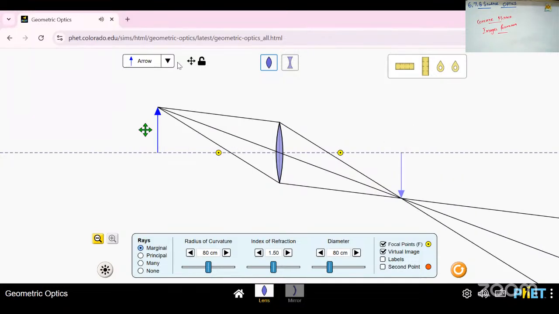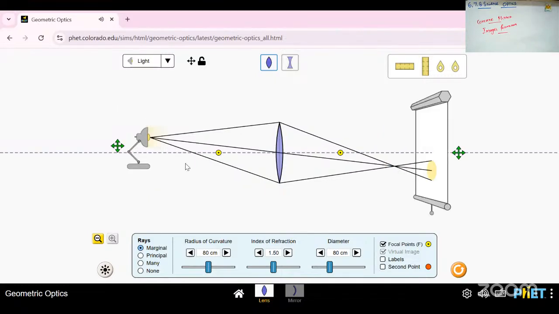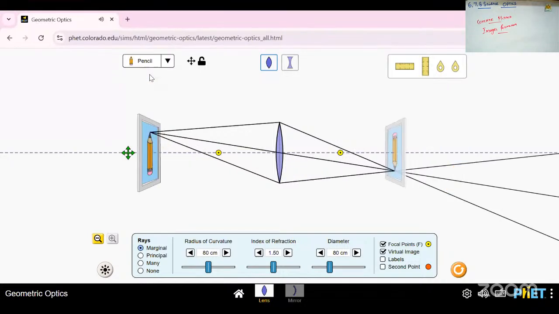This is the arrow, and the next one is the penguin picture. And the light shows how light is reflected. Let us choose the pencil. With concave and convex lenses, first we can see the convex lens working in this area.